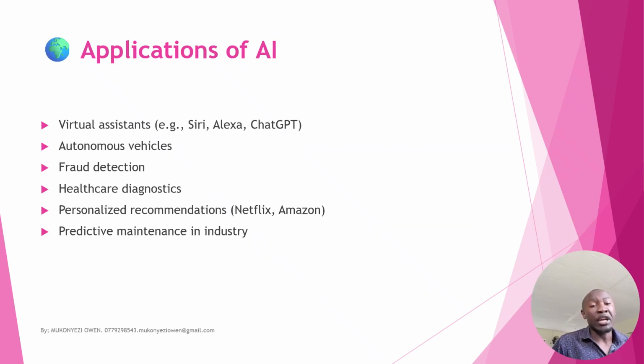We have different applications of AI, or where AI is applied. We have virtual assistants like Siri, like Alexa, like ChatGPT. ChatGPT is now the common one that is being used by a number of people.